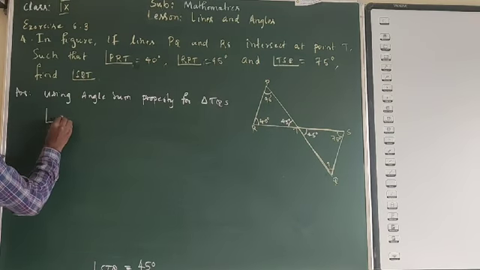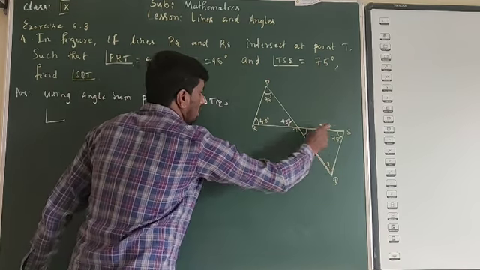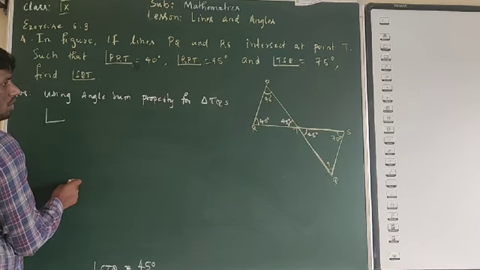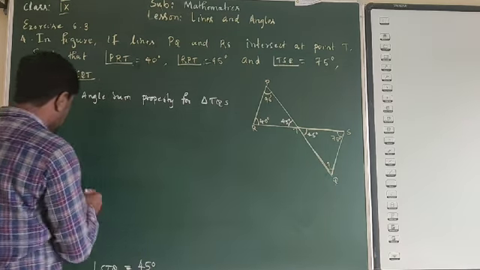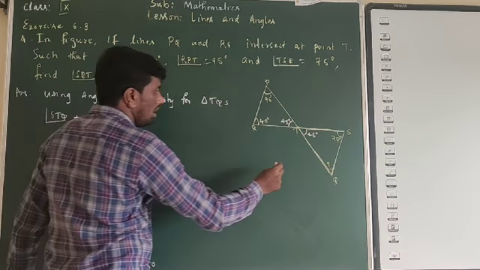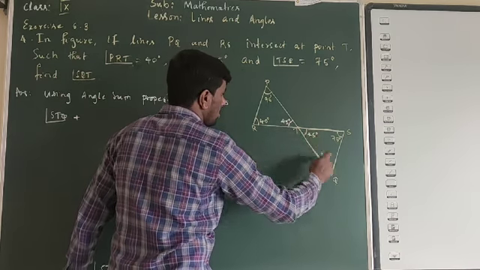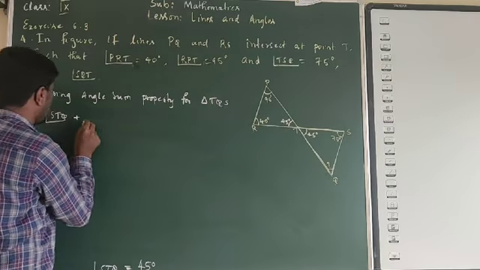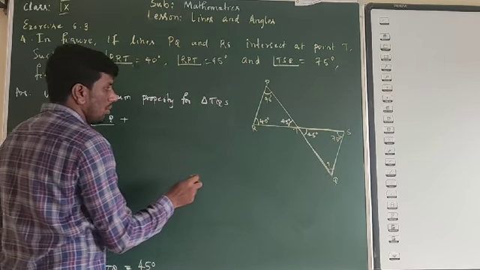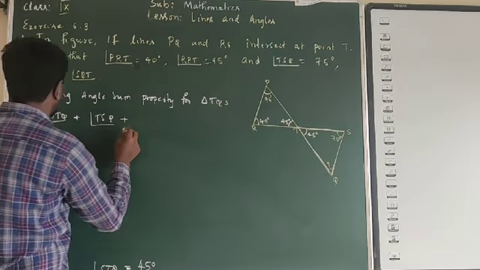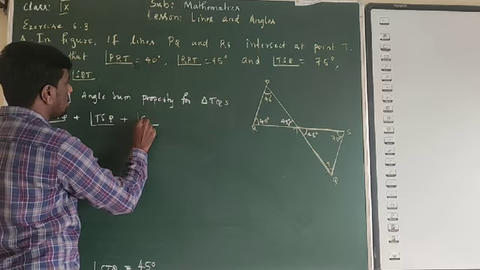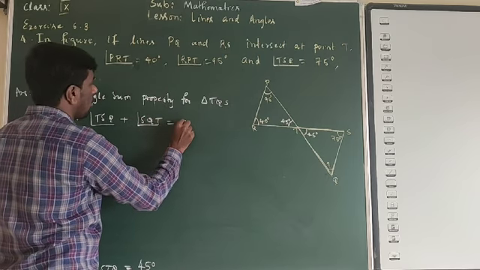Now angle STQ we have found out now. STQ plus TSQ plus TQS or SQT is equal to 180 degree.